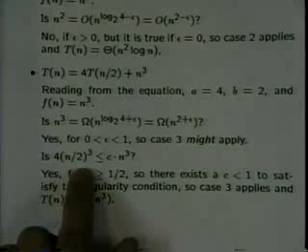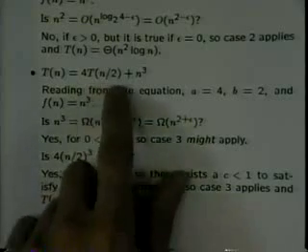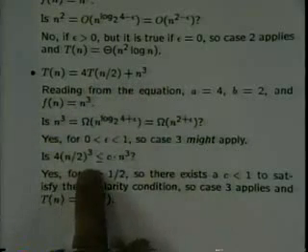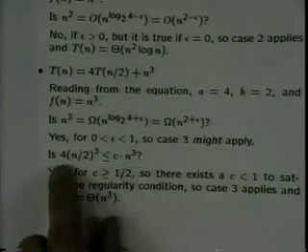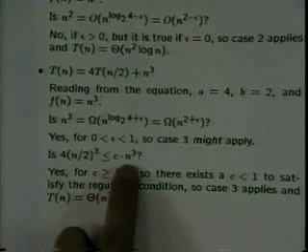We then have to go back down to the second clause in the theorem, which basically asks, is a times f of n over b, plugging that in for f of n, less than some constant times f of n? That clause reduces to asking ourselves, is 4 times n over 2 raised to the 3 less than or equal to some constant times n cubed?